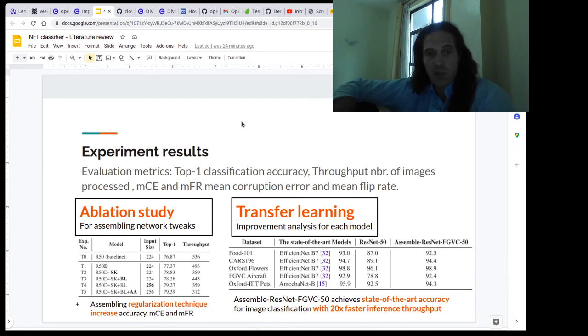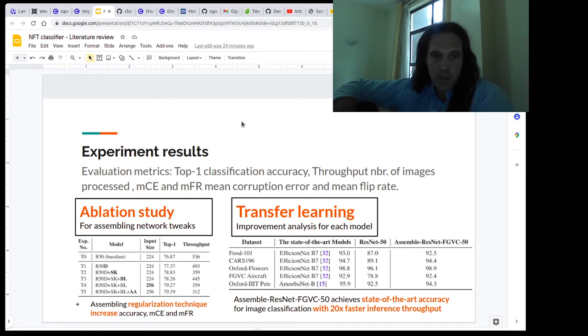The evaluation metrics that have been used are top 1 classification accuracy, throughput, number of images processed, MCE and MFR, for mean corruption error and mean flip rate.